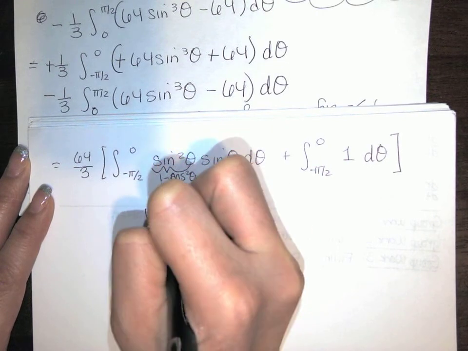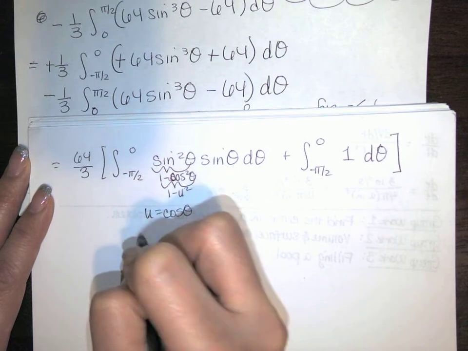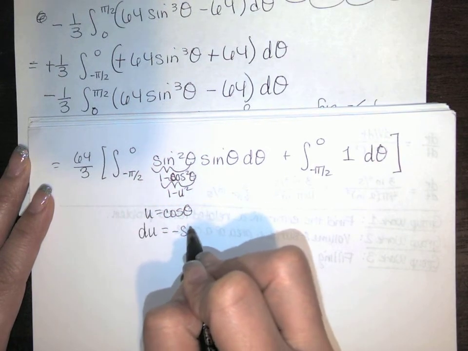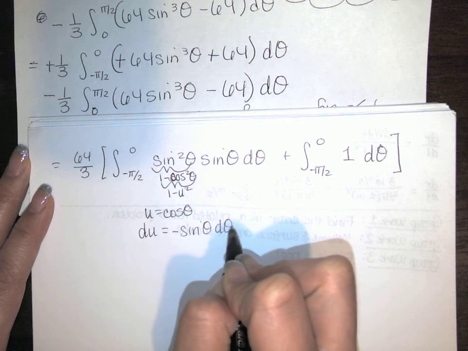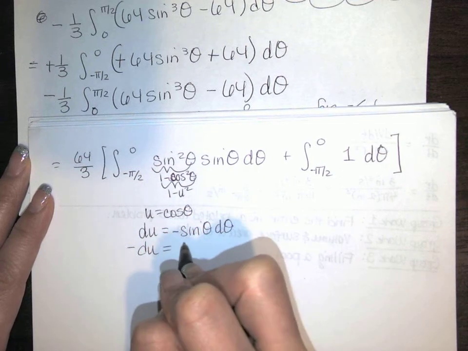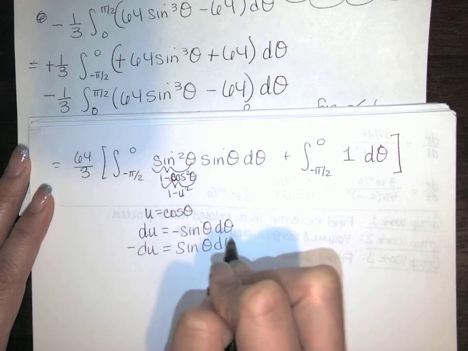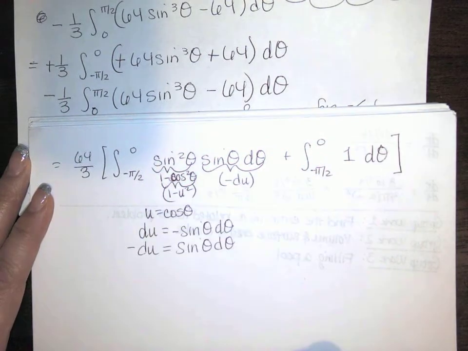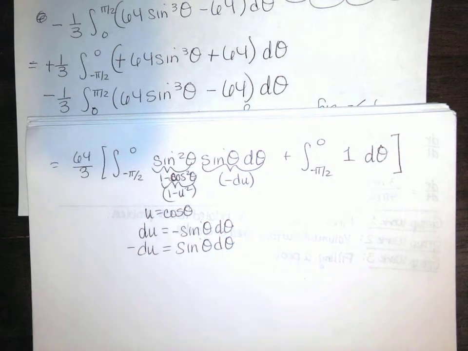So that's really 1 minus u squared. And du, if u equals cosine of theta, is negative sine of theta d theta. And I've got a sine of theta d theta right there, so negative du is sine of theta d theta. Okay, so that's that part.